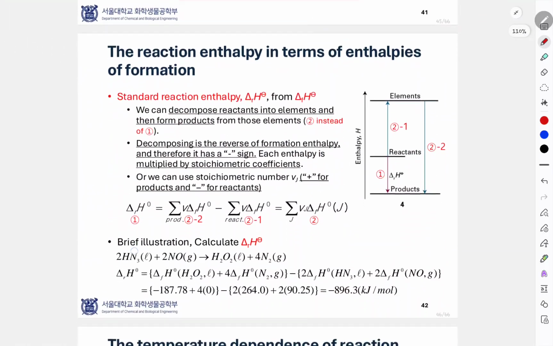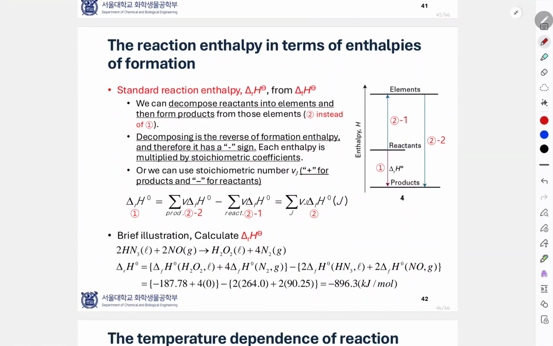To get the enthalpy of reaction from the reactant to the product, conceptually a reaction can be regarded as proceeding by decomposing the reactants into the elements in the reference state and then combining those elements into the products. Because enthalpy is a state function, the enthalpy change is the same however the reaction proceeds.